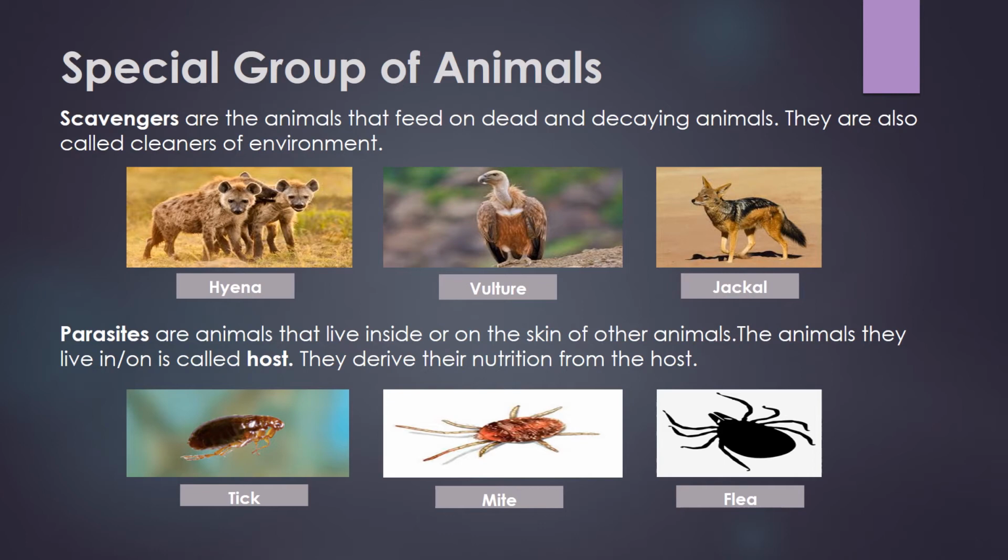Scavengers help in cleaning the environment because they feed only on dead animals. For example, hyena, vulture, jackal. These are scavengers, and we can also call them cleaners of the environment.